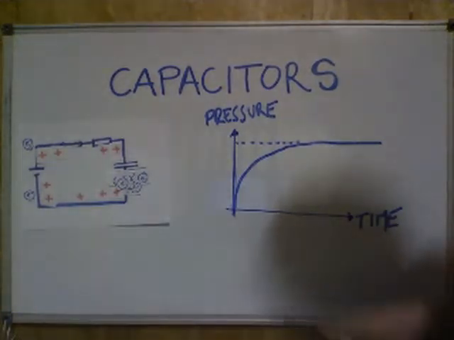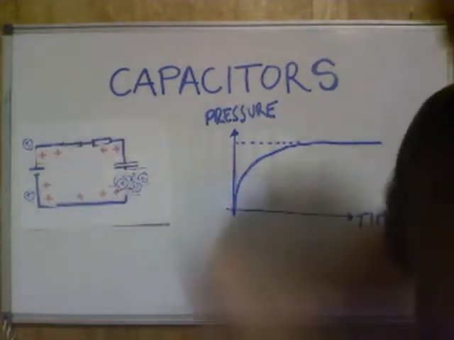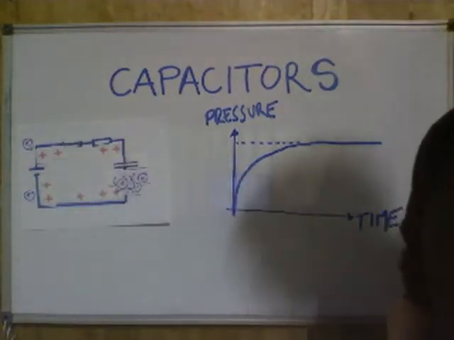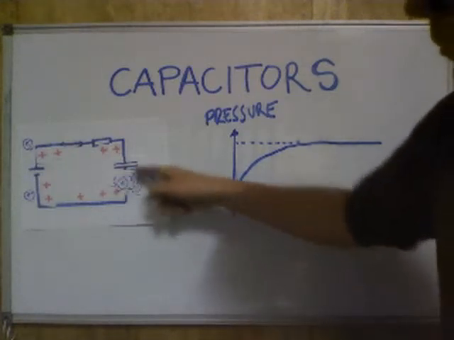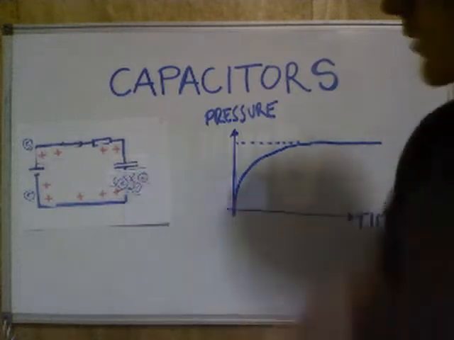This is essentially what happens inside a capacitor. As you put more and more electrons onto one plate of the capacitor and more positive charge onto the other, the Coulomb force pushing back becomes greater, and it gets harder and harder to put the electrons in.